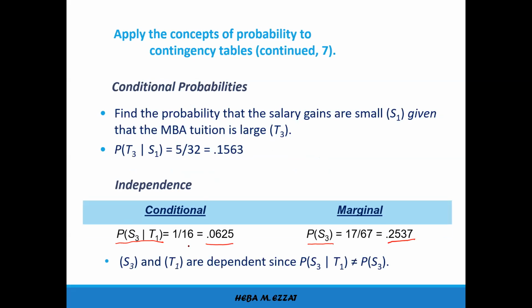So we say that they are dependent, since the two probabilities are not the same. Having one of the events given the other would affect it. They are dependent.